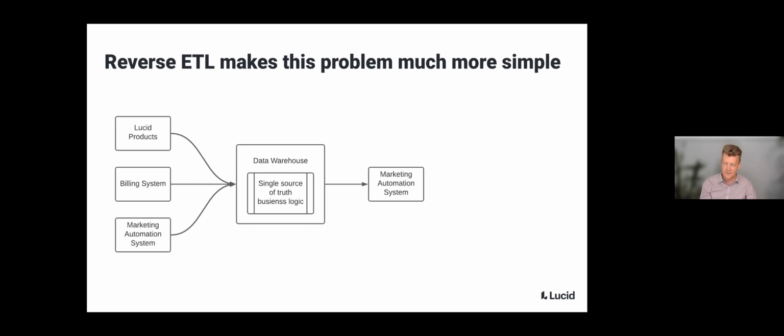It's a very simple data model to build in there. And then we've already got all the information that we want to include to provide context on that lead. So we just assemble that, join it together in our data warehouse, and then set up a reverse ETL sync to mirror that list in our marketing automation system.